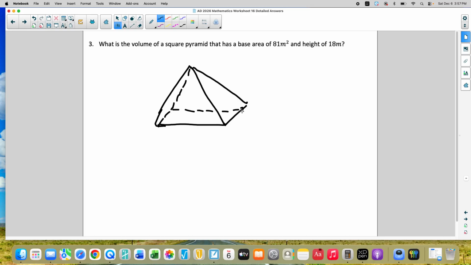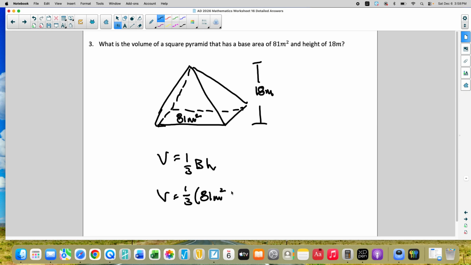Okay, a square pyramid has a base area of 81 meters squared and a height of 18 meters. This is super easy. Volume of a square pyramid is 1/3 big B times H. Volume equals 1/3 times big B, 81 meters squared, times the height, which is 18 meters.